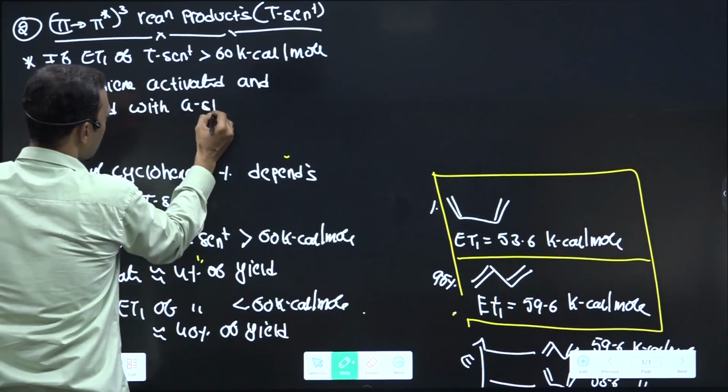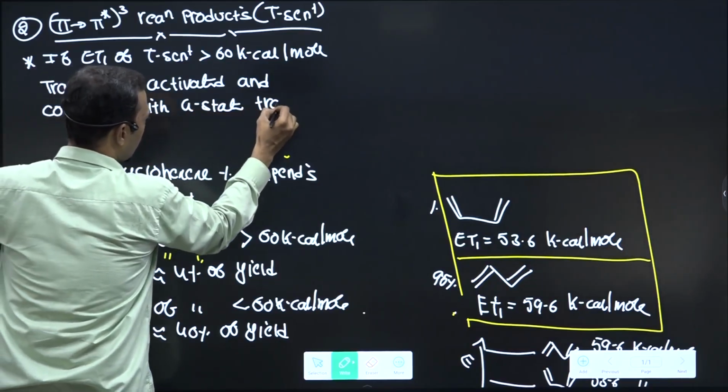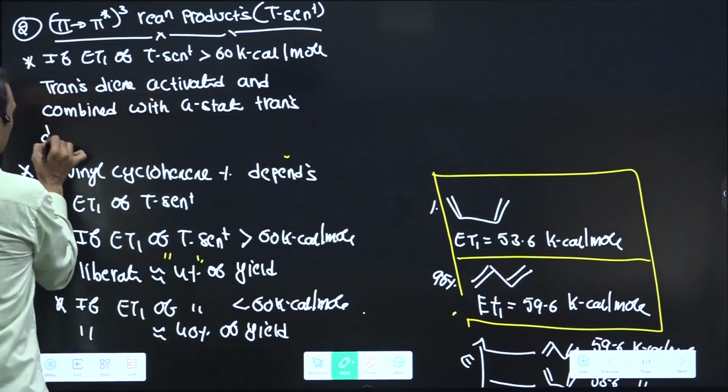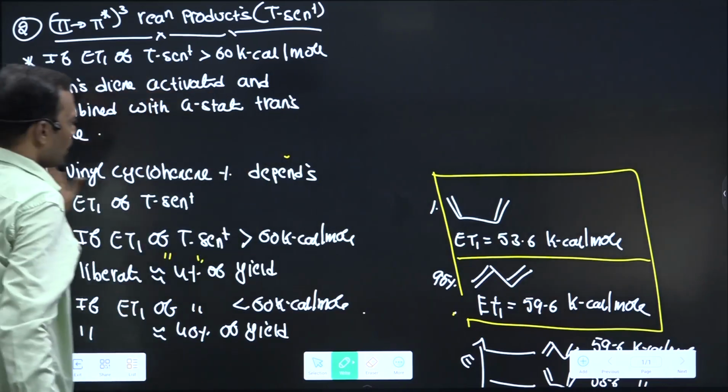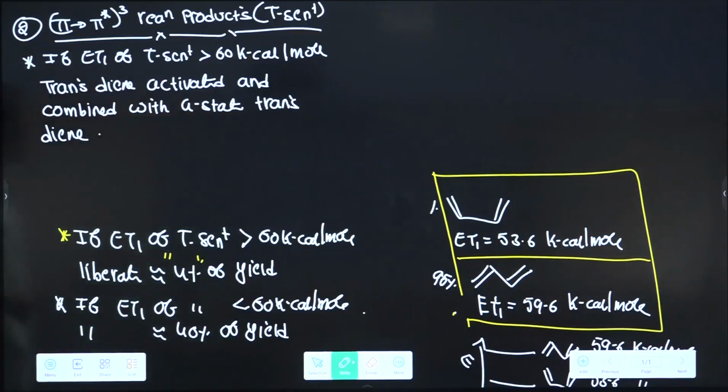Combined with ground state trans or not? Ground state trans diene. So trans diene combined with trans diene. Activated trans combined with ground state trans. Why? More population.